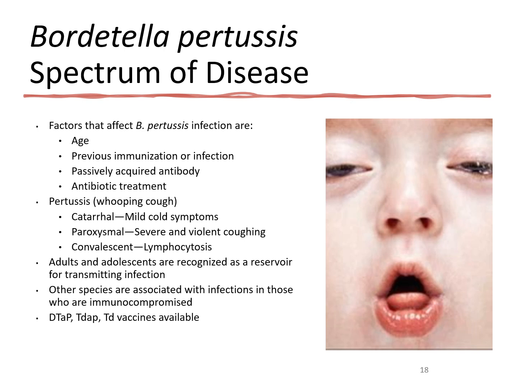So adults and adolescents are recognized as the reservoir for transmitting this particular organism for this disease process. And then there are other Bordetella species that have been associated with it, but those are usually just within the immunocompromised.